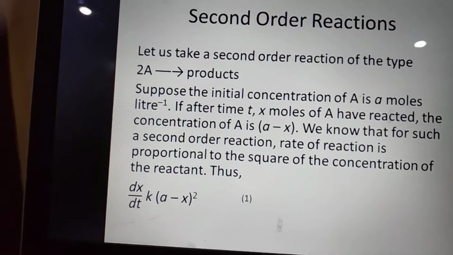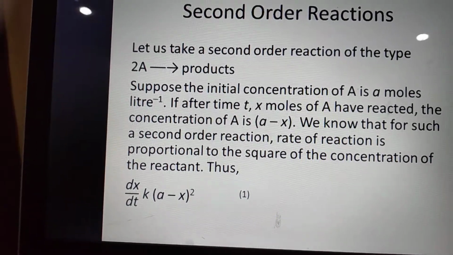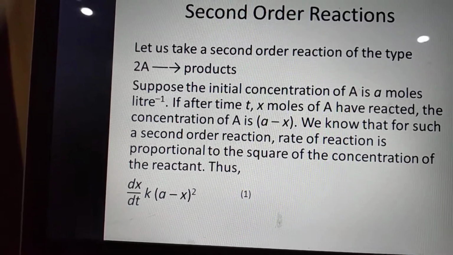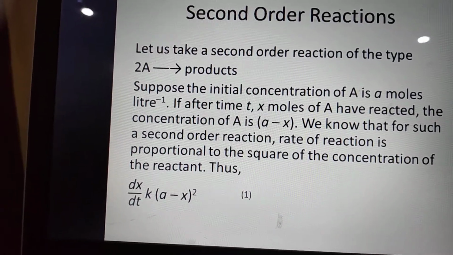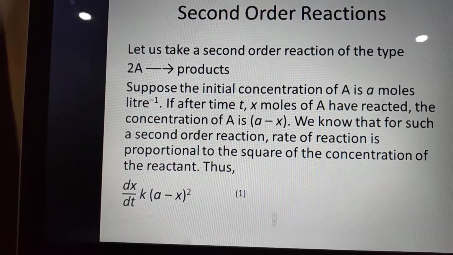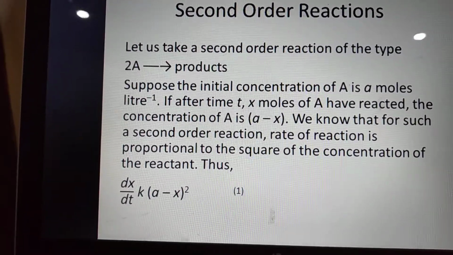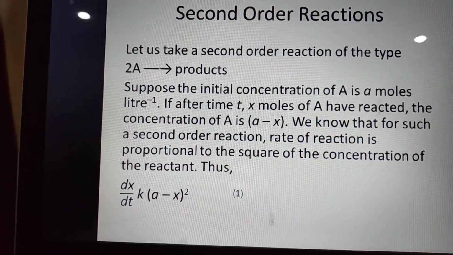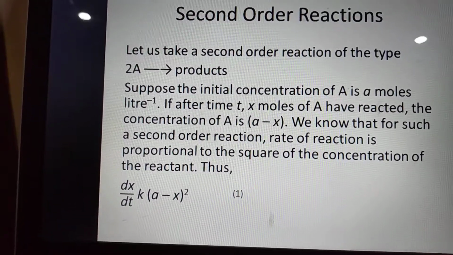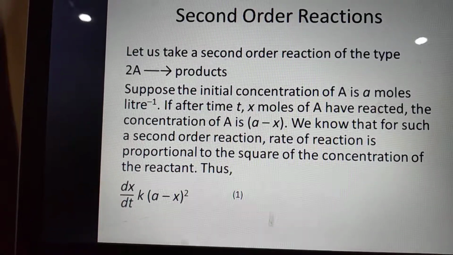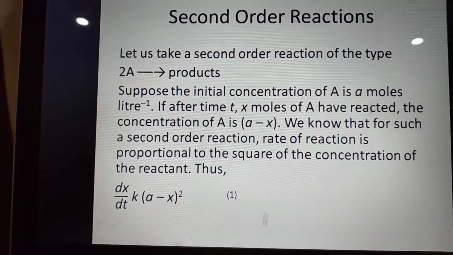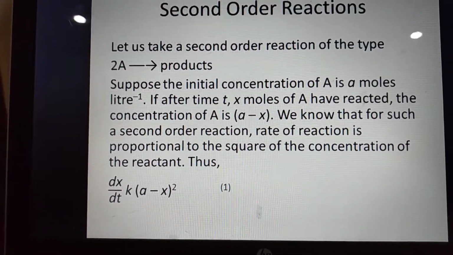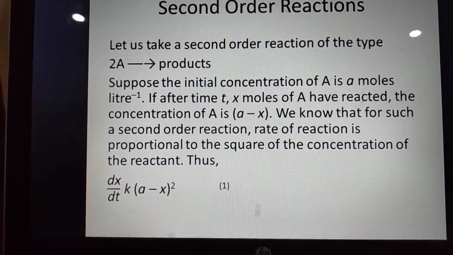Now for the second order reaction, let us take a second order reaction of the type 2A, where two moles of reactant convert into the product. Suppose the initial concentration of A, just as given in the previous orders of reaction, is a mole per liter, and if after time t x moles of A have reacted, the concentration of A is a minus x.